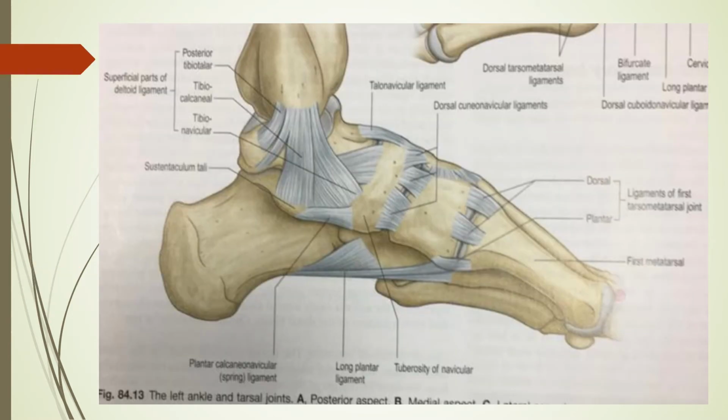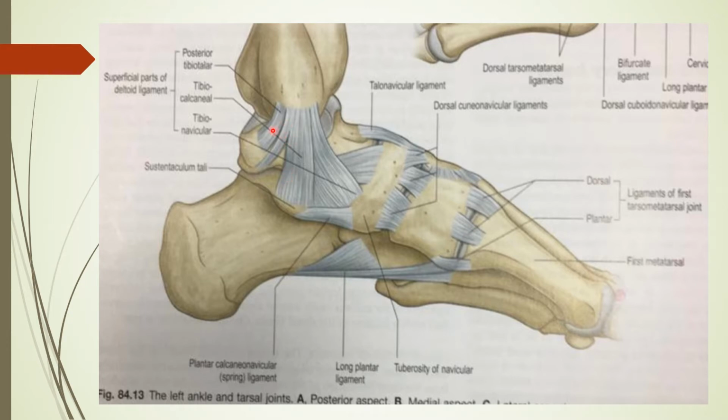Now, the talocrural joint is maintained by various ligaments on the medial side. On the medial side, there is a ligament which connects the medial malleolus with various bones.